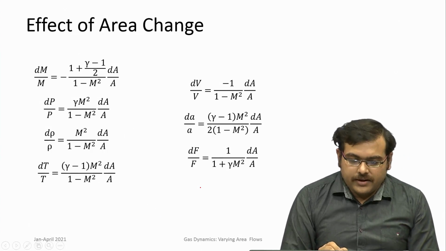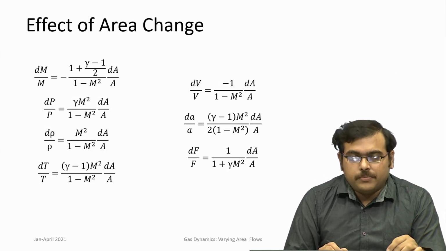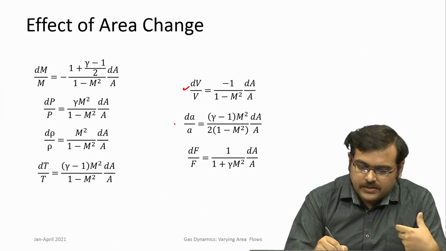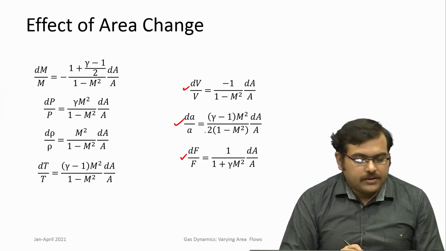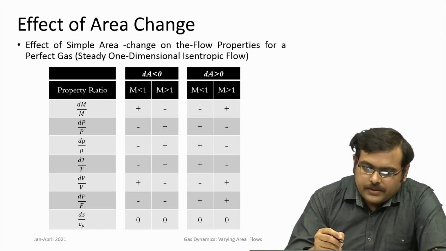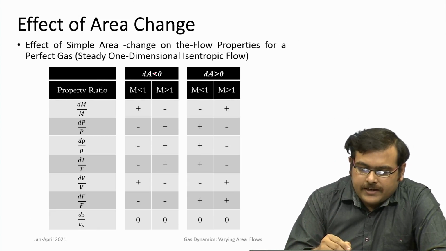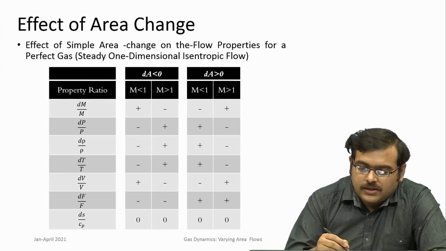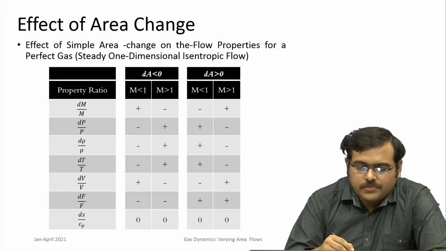So like this we can write for all the parameters: dm by m, dP by P, d rho by rho, dT by T, change in velocity, change in speed of sound, change in impulse function. So how are they affected by area change? This is for a perfect gas, calorically perfect gas. dA less than 0 means a convergent duct, but then the flow behavior changes between subsonic and supersonic flows.